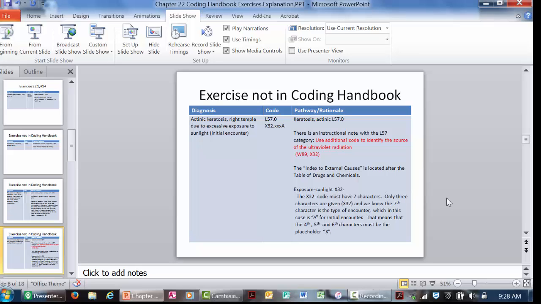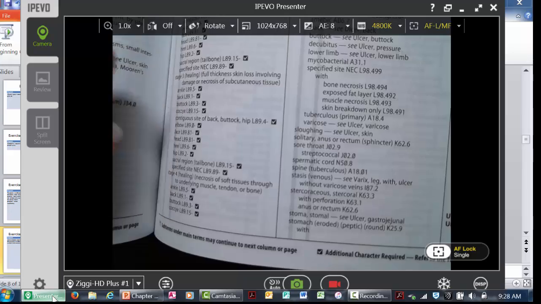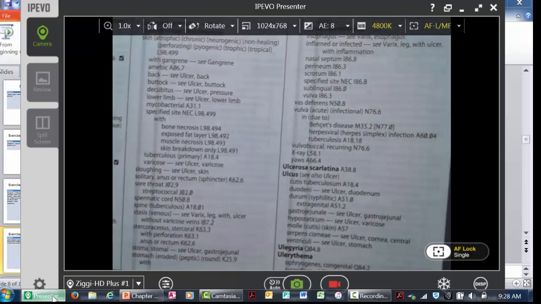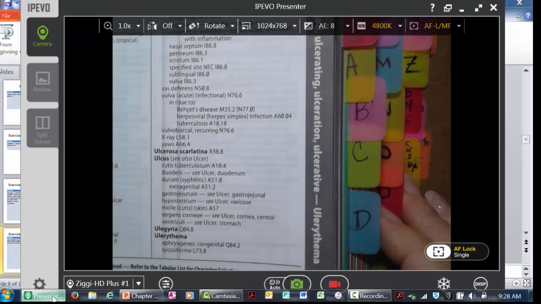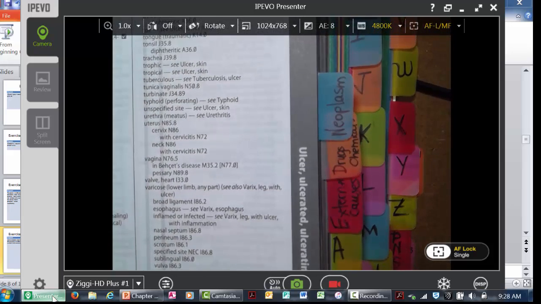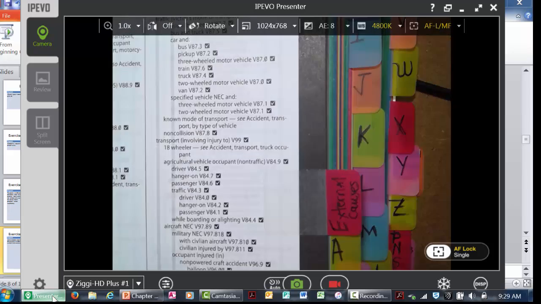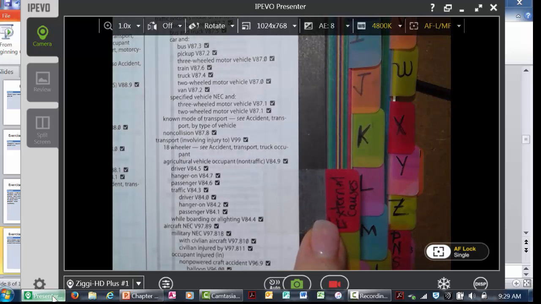So let's look at the index to external causes. Let me just get you there. If you see here in my book, I have the tabs. Maybe you have some similar tabs. I have the neoplasm table, the table of drugs and chemicals, and the external causes table here.